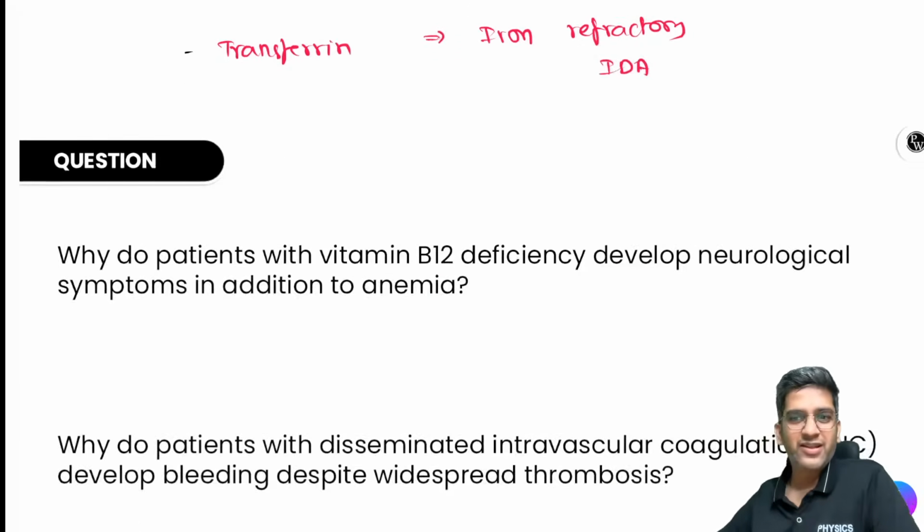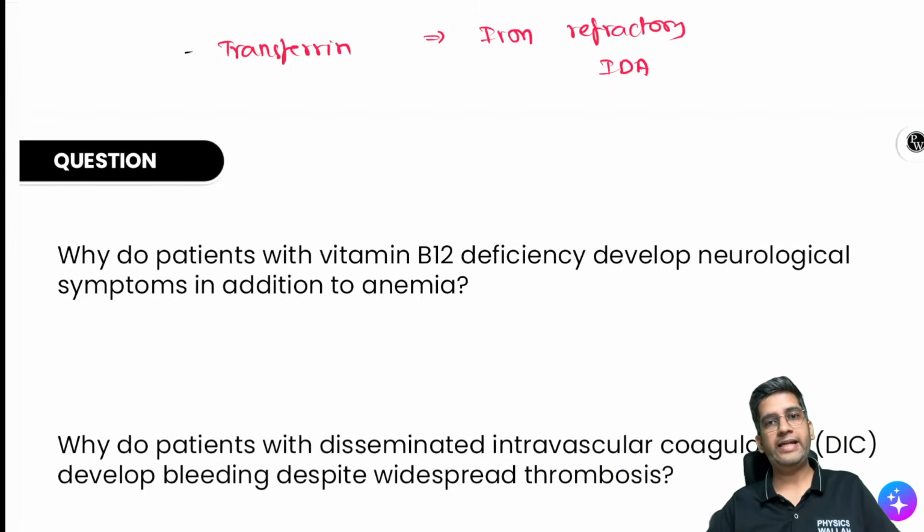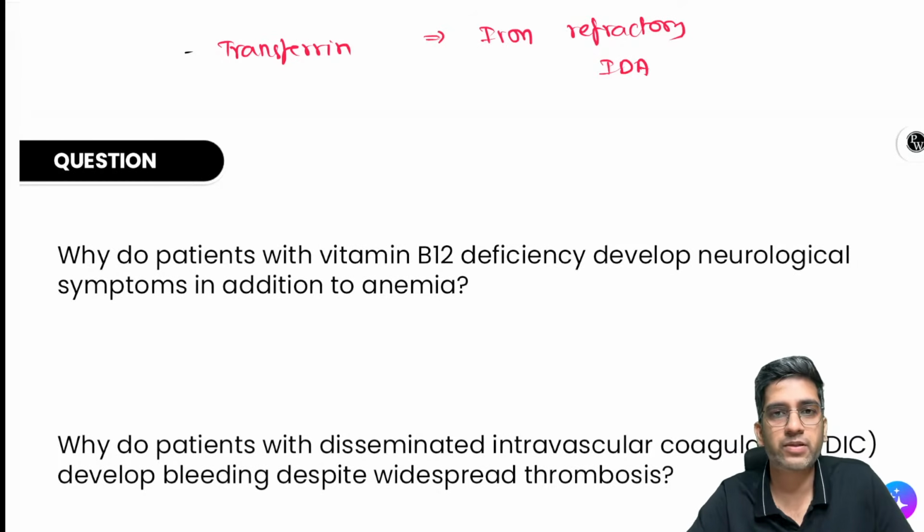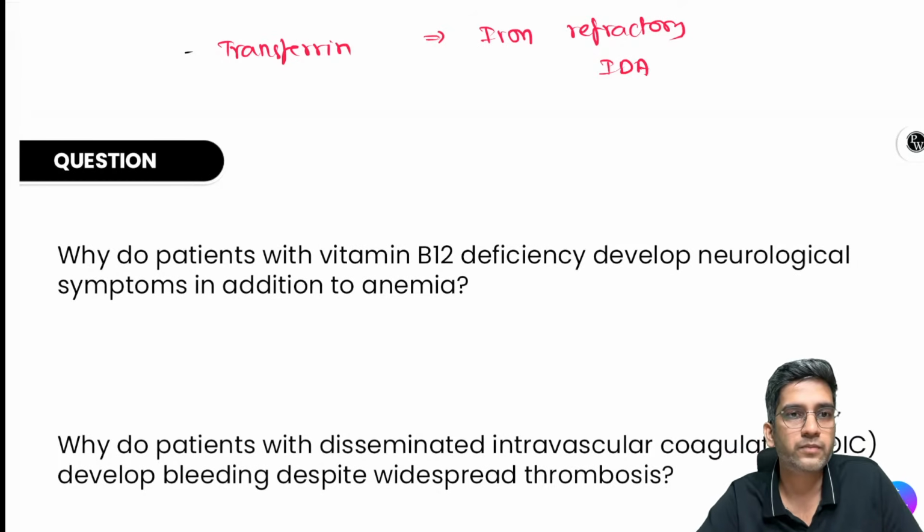The next one, a simple one. I'm sure most of you will answer this. Why do patients with vitamin B12 deficiency develop neurological symptoms? Anything which comes to your mind?